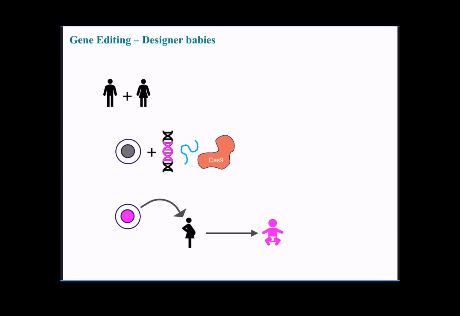Doesn't exist. We're talking hundreds of genes that contribute to those types of abilities. Genes and environments and genetic by environment interactions, right? So this idea that by editing one or two or even a handful of genes you can make a super athlete, super musician, super genius, is science fiction, okay?